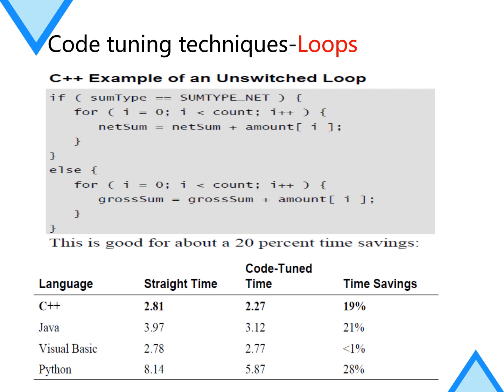In C++, we receive 19% time saving. In Java, we receive 21%. In Visual Basic, we receive less than 1% time saving. In Python, we receive 28% time saving. So Visual Basic does not show much improvement.